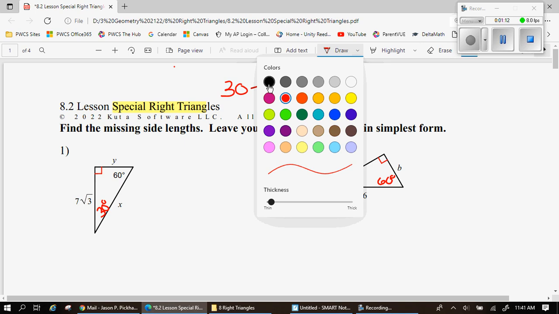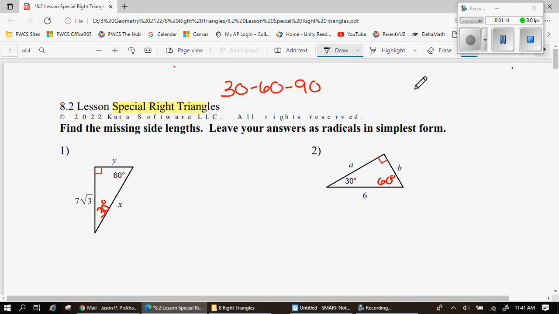We have a special relationship between their sides. So I'm just going to draw one. Oh, that's pretty terrible, but it'll work. Let's call this the 30-degree angle and the 60. The special relationship is that the side across from 30 we will say is 1.